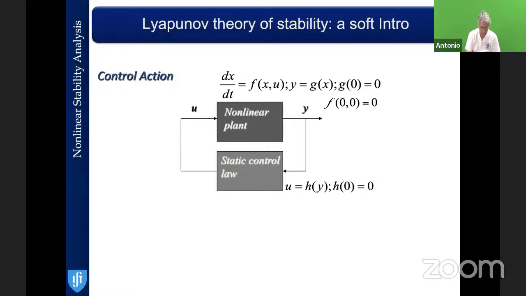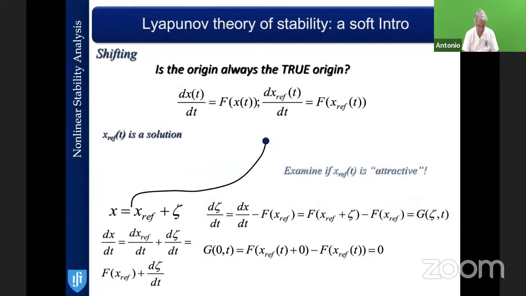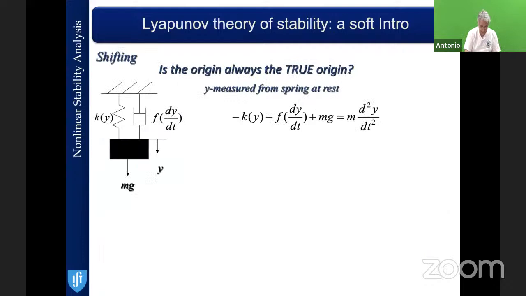So when you write this, maybe you are not used to this notation, dx/dt equal to f of x and u. Okay, so let's go back. This is essentially that thing I mentioned to you before.